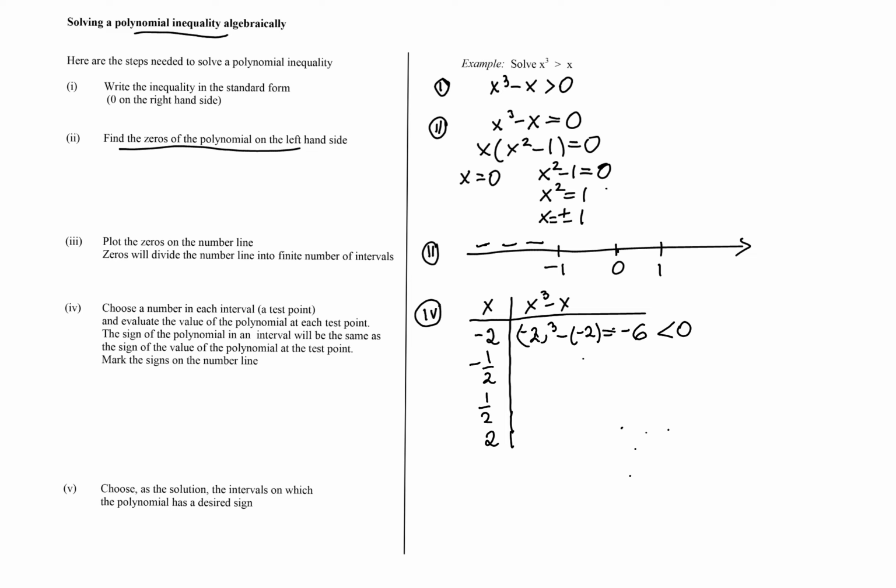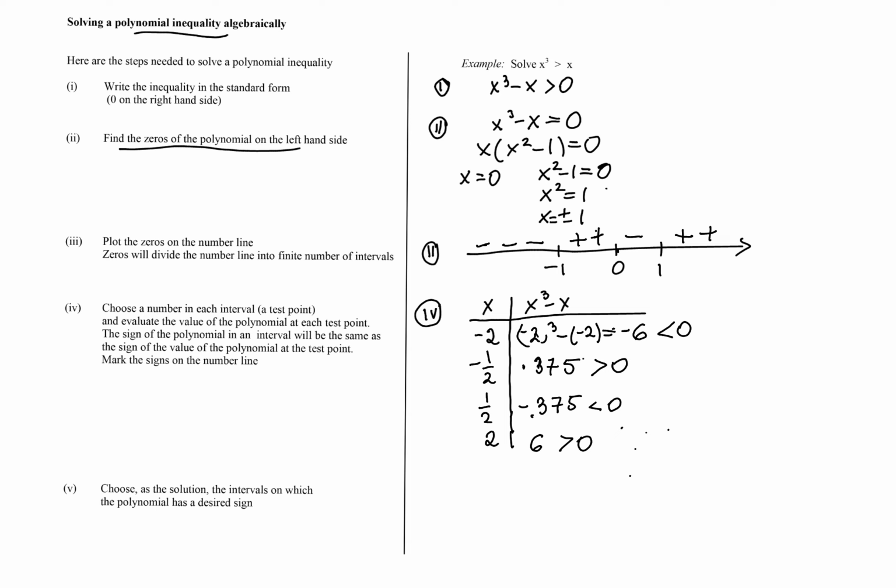When x is negative 1/2, the value is going to be 0.375, which is positive, and therefore the sign in this interval is going to be positive. For 1/2, the value is going to be negative 0.375, which is negative, and therefore the value of the polynomial in the interval 0 to 1 is going to be negative. And for 2, the value is going to be 6. It's positive, so the value of the polynomial is going to be positive.